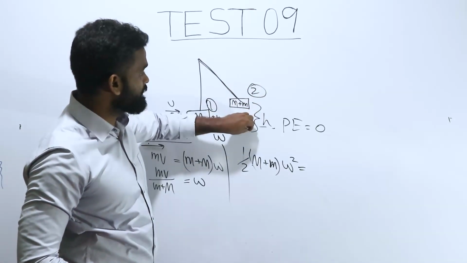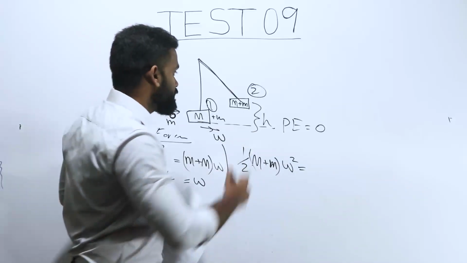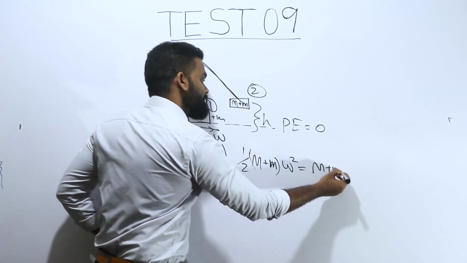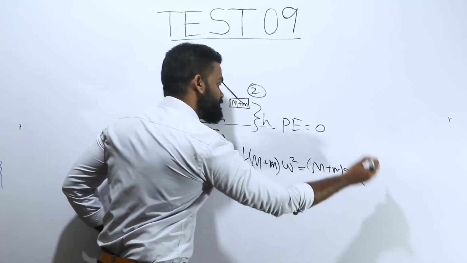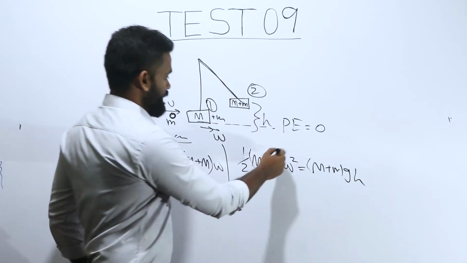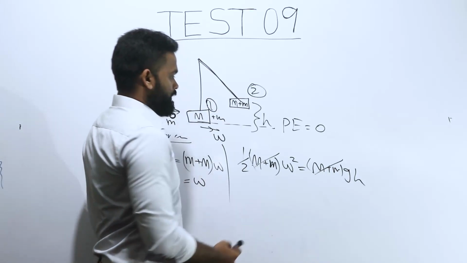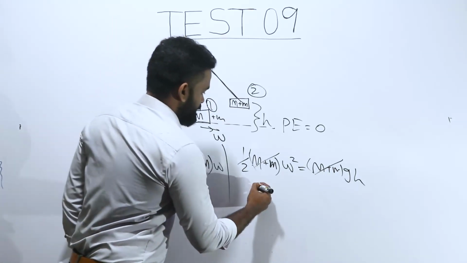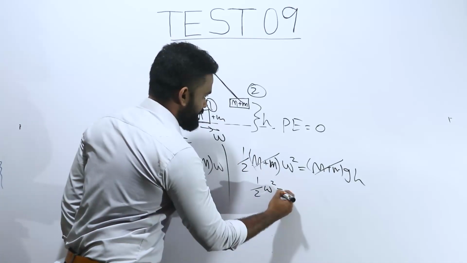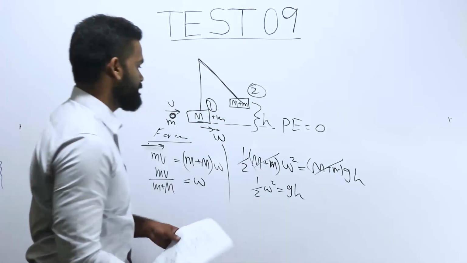It only has potential energy, which is (M plus m) gh. Then I can cancel the M plus m term, so we get half w squared equals gh.